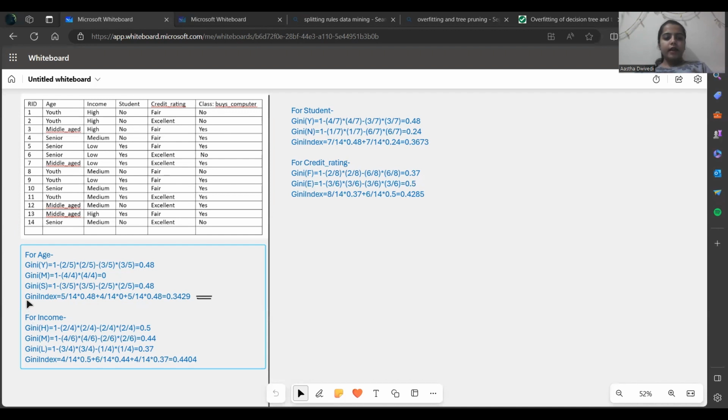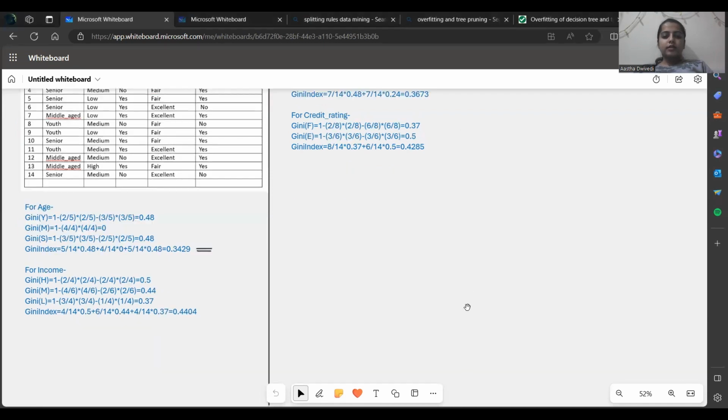We will calculate the Gini index of each of them, and the lowest value of Gini index will be selected as the root node. So here the lowest value is age. It has a similar splitting criteria as information gain because we are using the same data.